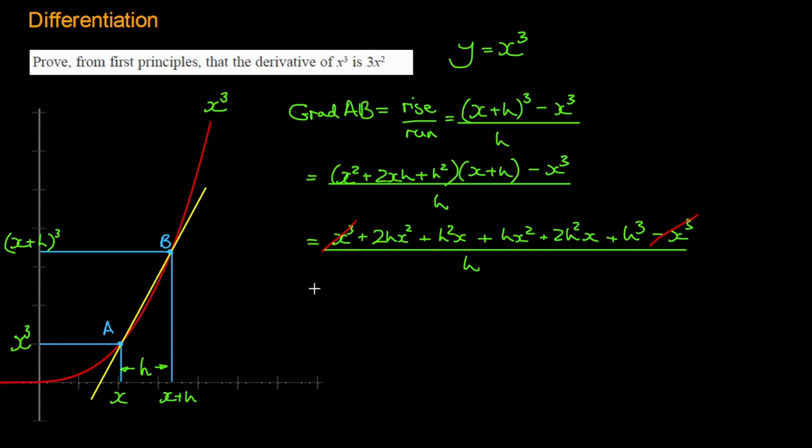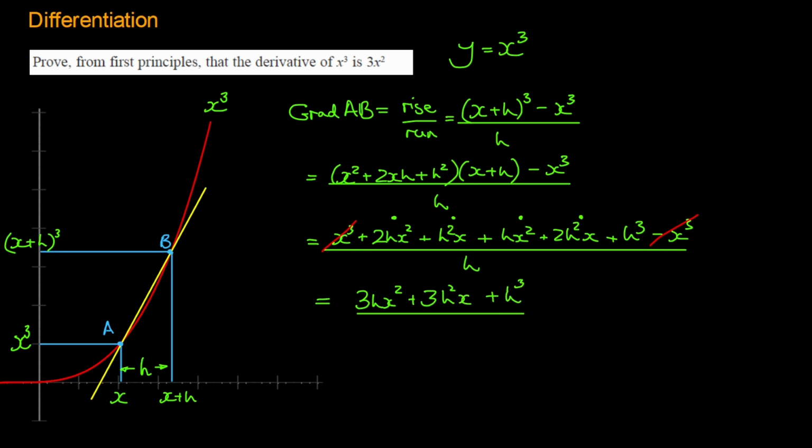So gathering up what's left, the x squared terms, we've got one here and we've got one here. So we've got 3hx squared. Now the x terms, we've got one here and we've got another one here. So this is plus 3h squared x plus h cubed.